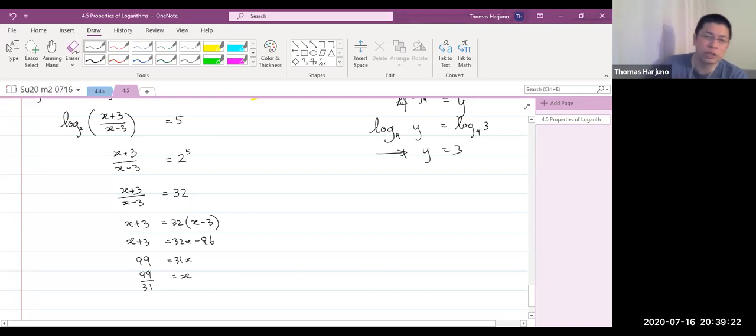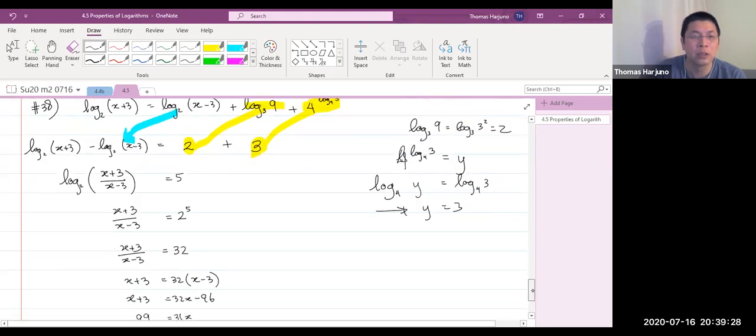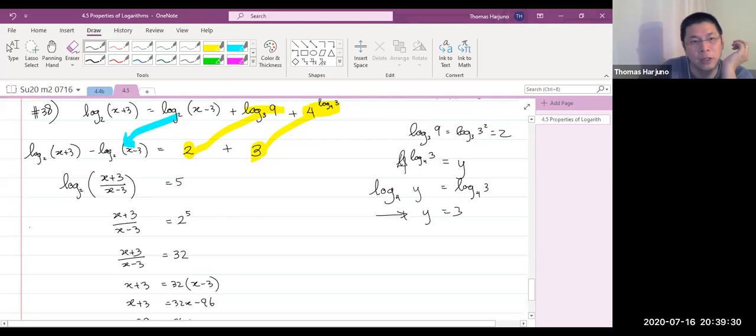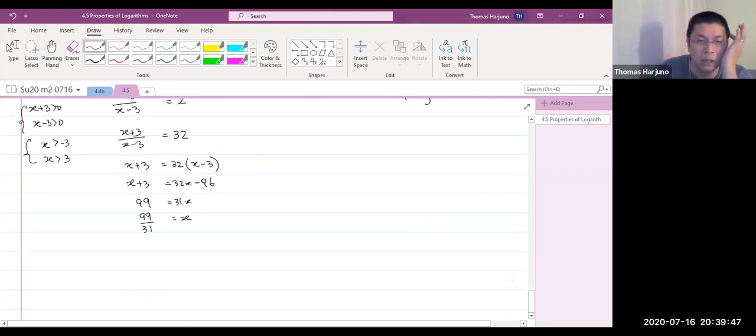Now we need to do checking, to make sure that it is actually okay in the domain. What we need is x plus 3 to be greater than 0, and x minus 3 also has to be greater than 0, which means x has to be greater than -3 and x has to be greater than 3. That's all we need, right? But I believe 99 over 31 is more than 3.